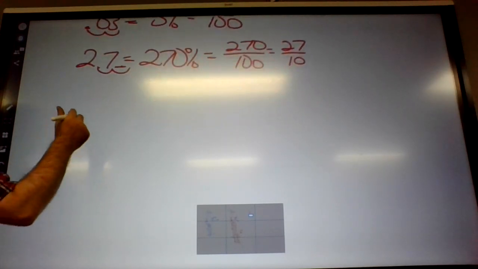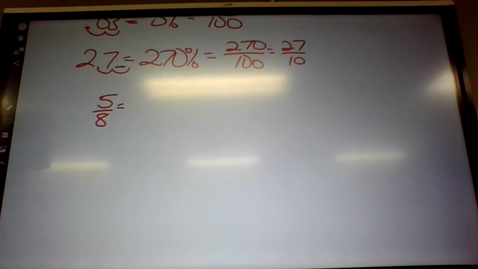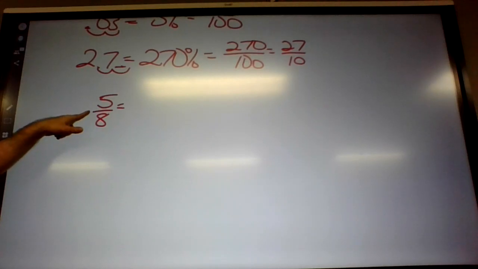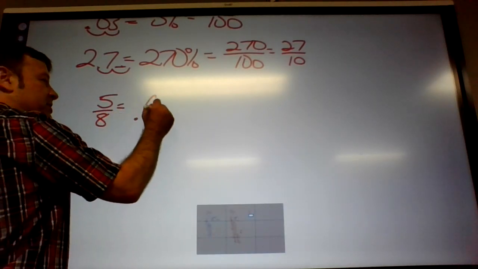Okay, last one, last kind, I guess. 5/8. Okay, are you guys listening? Yep. Okay, how do we change 5/8 to a decimal? Eight doesn't go into 100. You do 5 divided by 8. The fraction bar is also a division bar. What your calculator would spit out is 0.625.